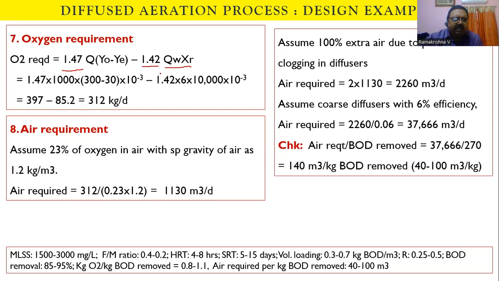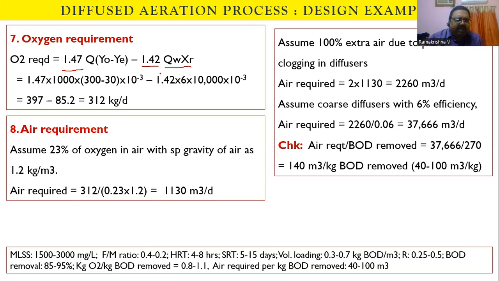We are using 1.42 with respect to sludge wasted. And this is the net oxygen requirement we are going to calculate, which is actually required in the treatment system. So QWXR we already know is 60 kg per day, and Q into (S0 minus S), the BOD loading, we already know is 270 kg per day. You put everything here, you're going to get 312 kg per day.